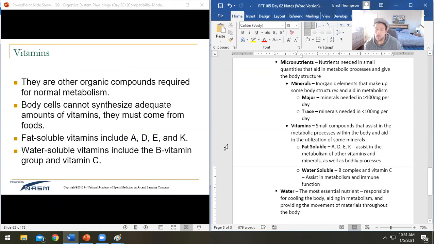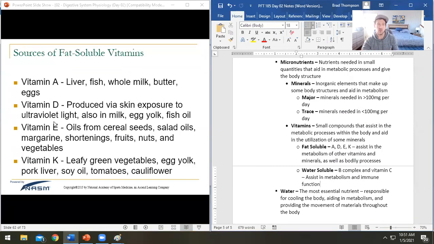So fat soluble vitamins, they can't travel on their own throughout your body. You can't get your fat soluble vitamins from point A to point B without helping them. They travel in fat. So fat helps them get carried to where they need to go. And then fat also helps them dissolve and get broken down. So this is what's kind of funny.